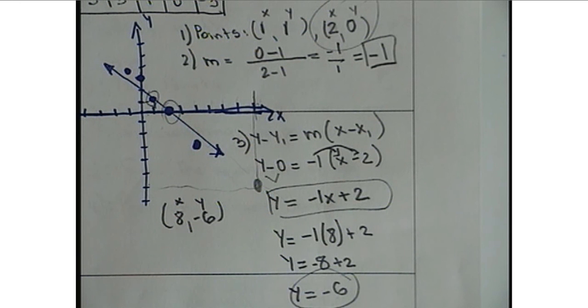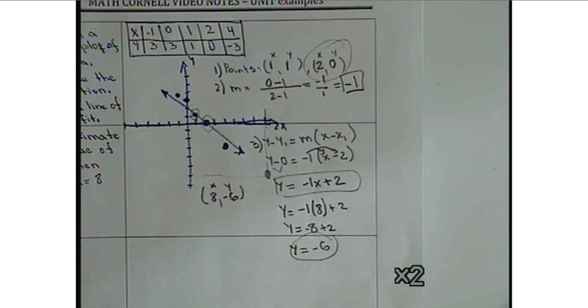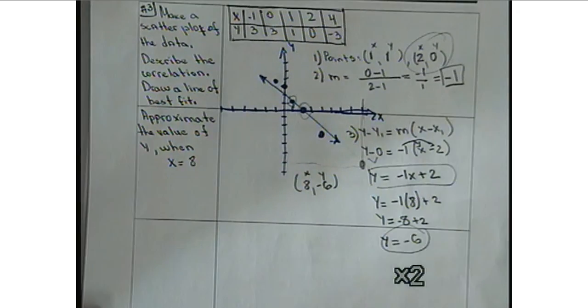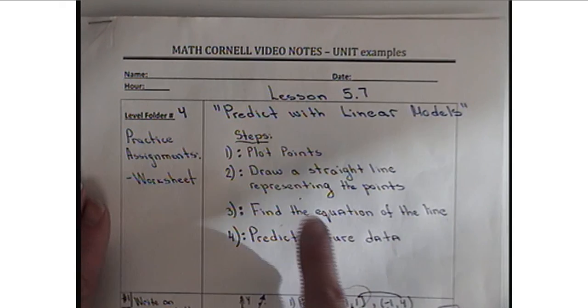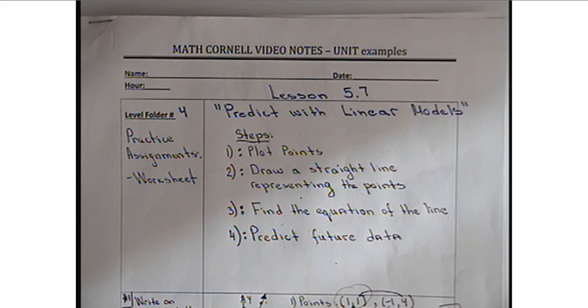So with that, we're gonna end this lesson, and I just want to go over everything we talked about in this lesson, as a brief summary. So in order to predict with linear models, you always need to have data of some points.